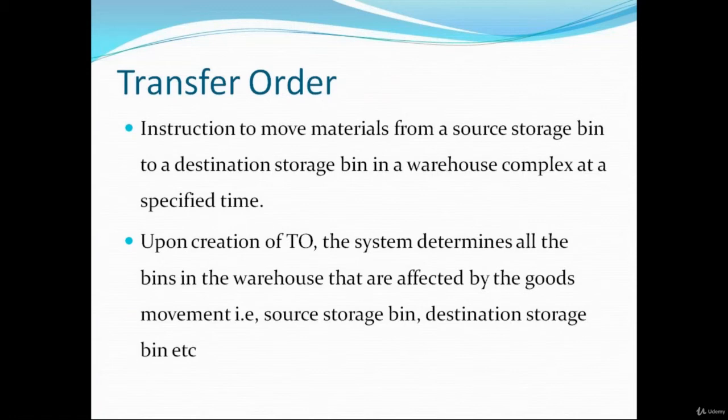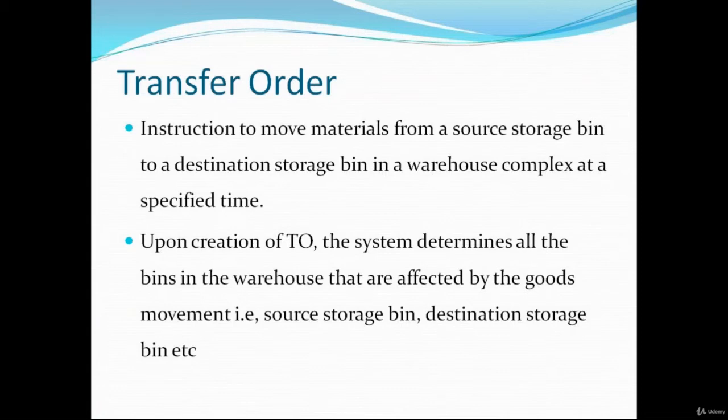So after creation, we can modify the transfer order. Then we can display the transfer order using the transaction code LT21. Then we can confirm the transfer order using the transaction code LT12. Confirming the transfer order means the warehouse operator, after doing any particular movement, specifies in the system that the transfer order is confirmed so that the movement is done.